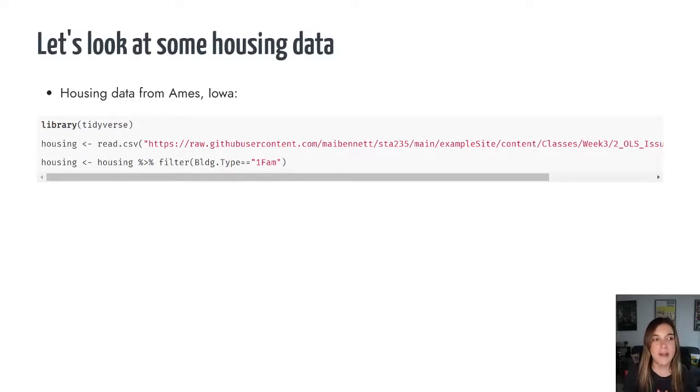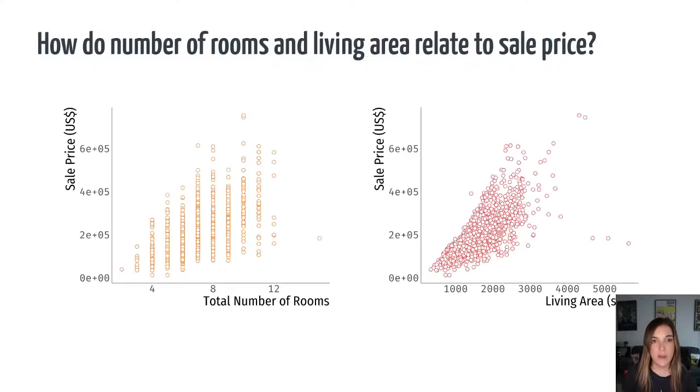Here we have housing data from Iowa, and we're going to be looking at how different amenities or characteristics of a property actually affect the sales price. So imagine that we're looking at total number of rooms and also the living area of a house and how those two characteristics affect price.